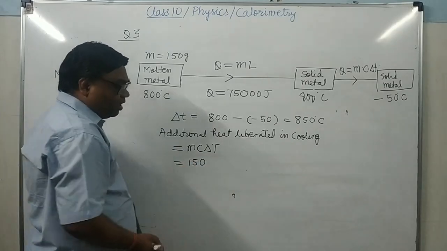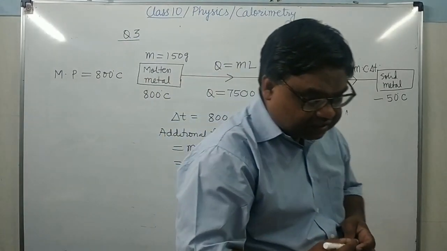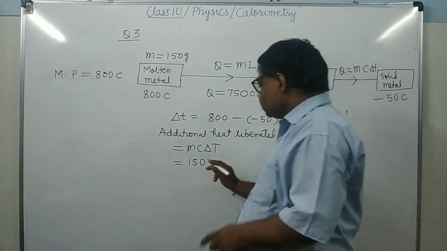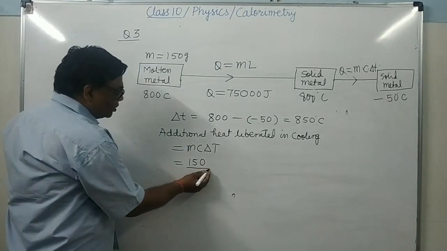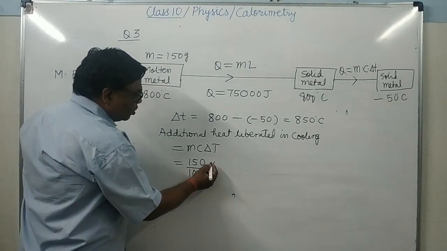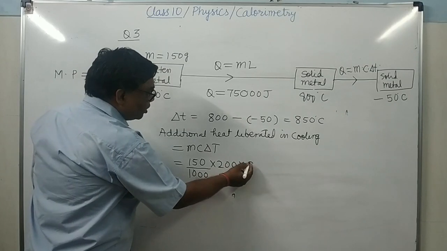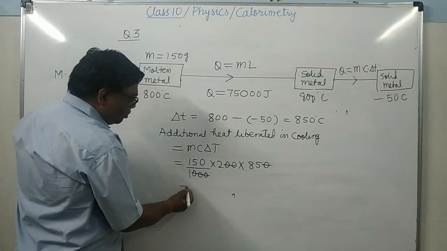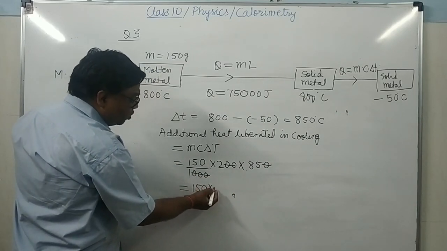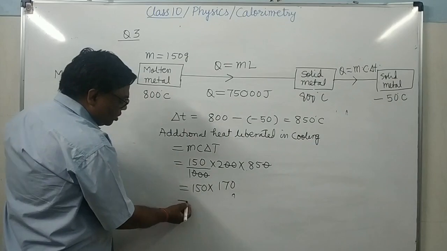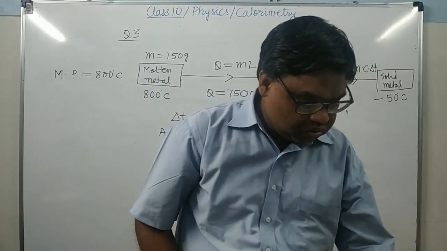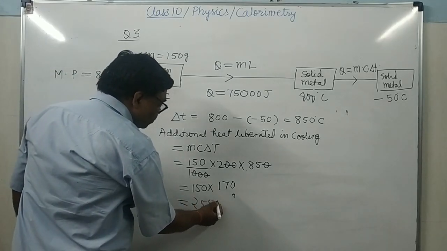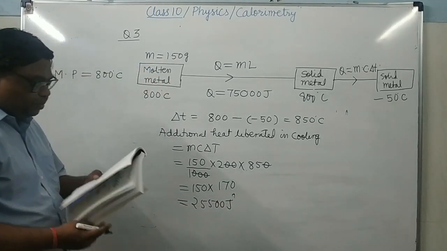But C is given in kg, 200 joule per kg per Kelvin, so you have to convert M into kg: 150 upon 1000, into C which is 200, into change in temperature 850. So this will be equal to 25,500 joule. This heat will be liberated.